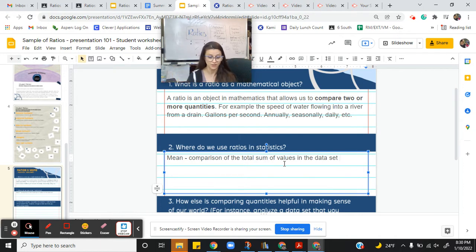Comparison of the total sum of values in the data set to the count, or the number of data points in a set of data.